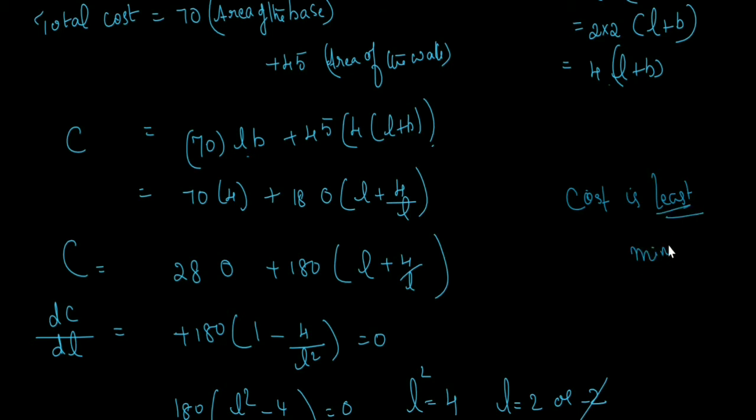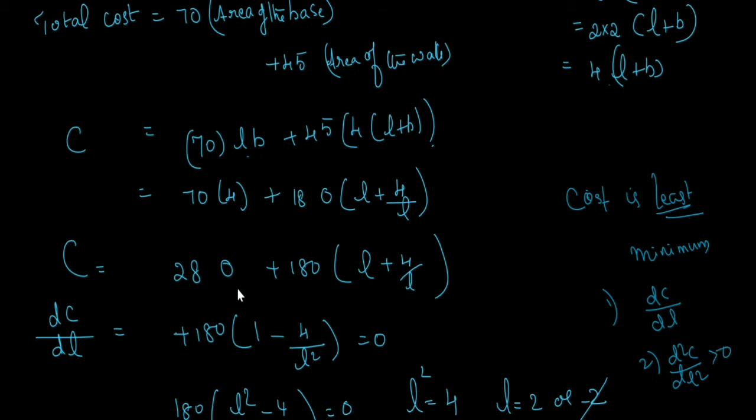For maximum or minimum, what is the first step? We have to differentiate the function with respect to the variable. Here the variable is L. Then the second derivative also we have to find, and the second derivative should be greater than 0.